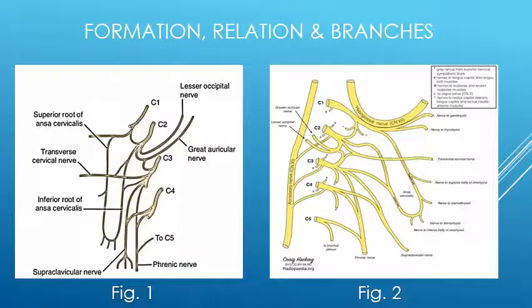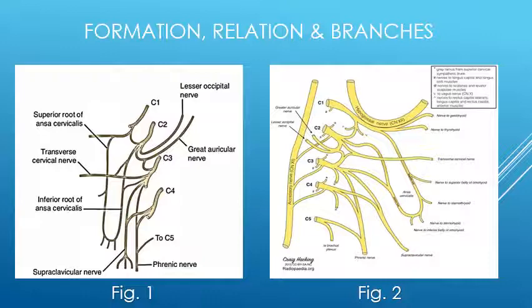So we come to the branches. Two types of branches are given by the cervical plexus. One group is superficial, also called the cutaneous branches, and the second is the deep branches, which are called muscular branches. The superficial cutaneous branches all emerge near the middle of the posterior border of the sternocleidomastoid, so the sternocleidomastoid muscle is a very important relation.